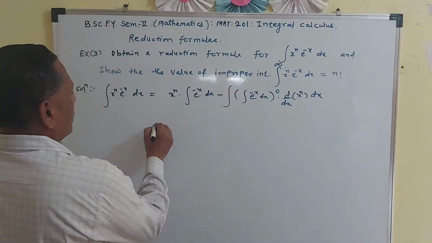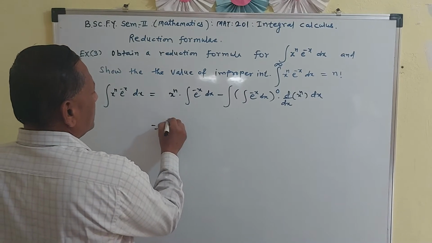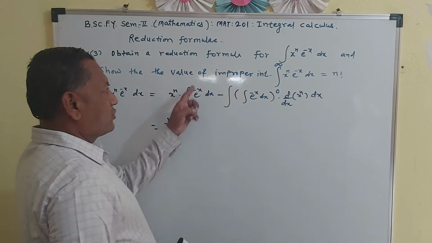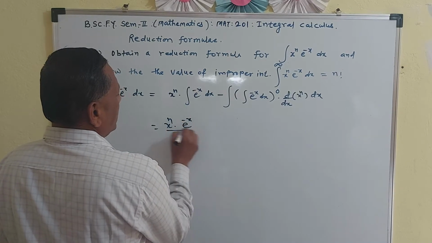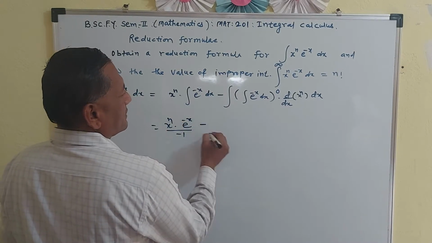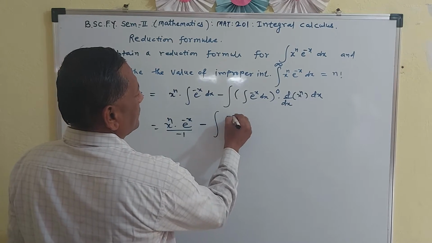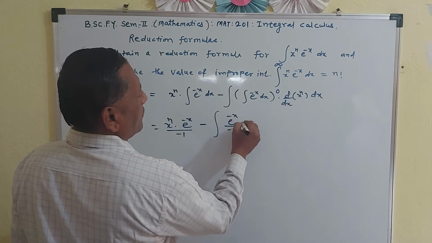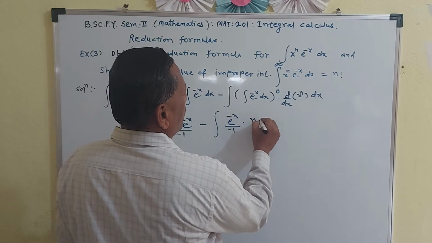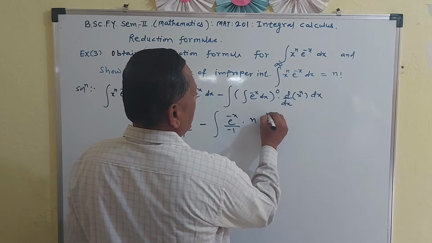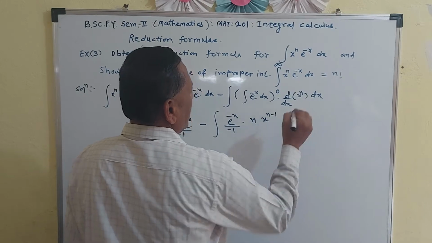So it is equal to x raised to n. Integration of e raised to minus x is e raised to minus x upon minus 1, minus integration of e raised to minus x upon minus 1, and the derivative of x raised to n is n into x raised to n minus 1 into dx.